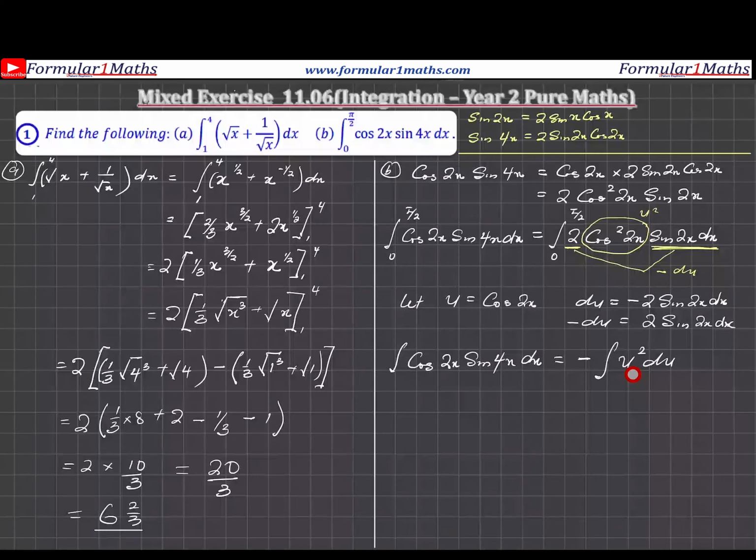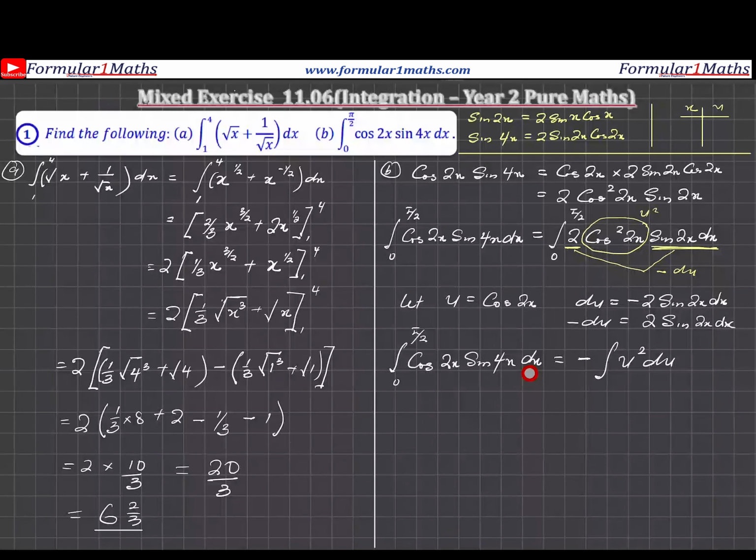But before we integrate that, let's put in the limits. For this side, the limits are 0 and pi on 2. Because we have said u is equal to cos 2x, we're going to change the limits to reflect that. So we can draw a table here with x here and u over there.